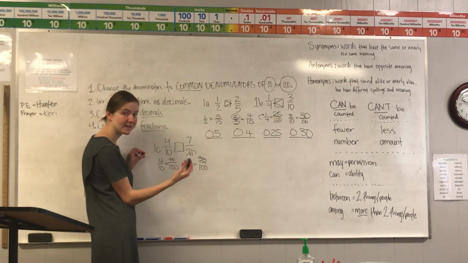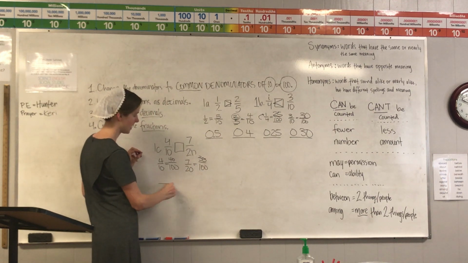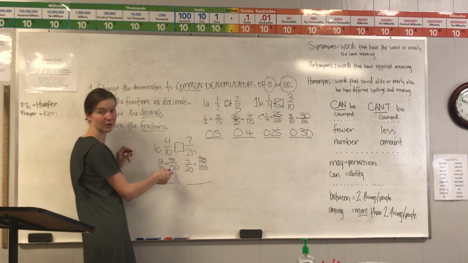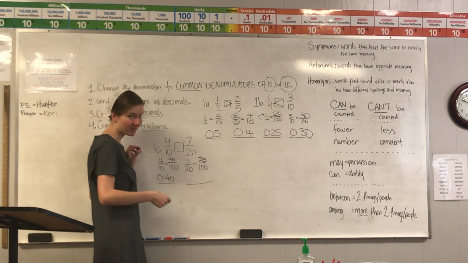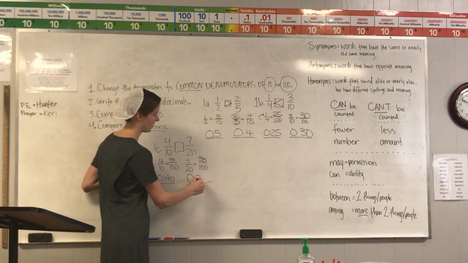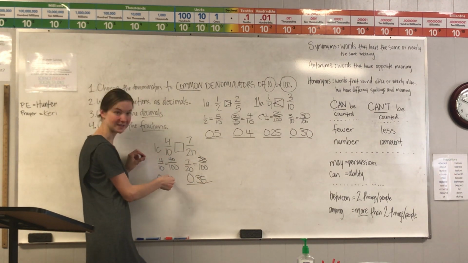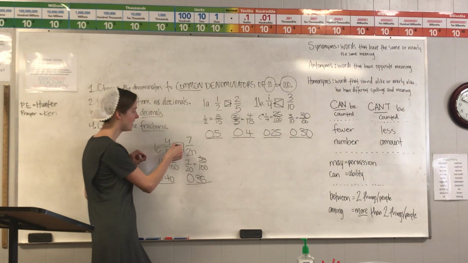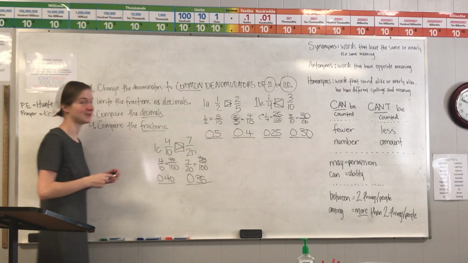Now, we can compare these fractions because both denominators are 100. We change them. So our decimal for 40 over 100 is 0.40. 35 over 100 would be 0.35. Which one is bigger? Well, 40 is bigger, so if you go up, 4/10 is greater than 7/20.